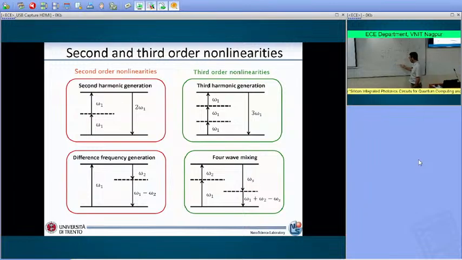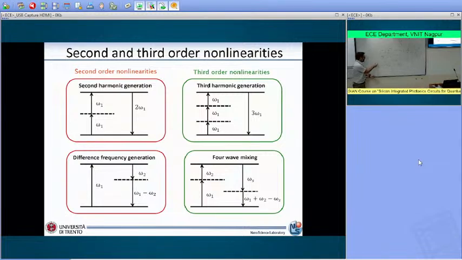Frequency means in energy. Why in energy? Because the relationship omega s plus omega i, signal and idler, should be equal to the sum of omega pump 1 plus omega pump 2. And so there is a very stringent requirement on the energy of the 2 generated photons. They are correlated.